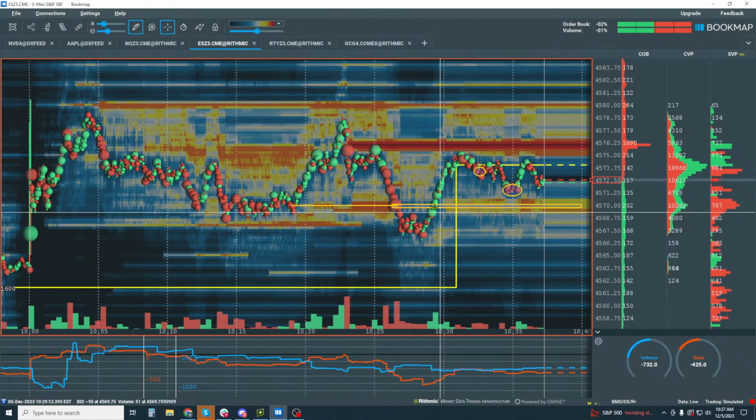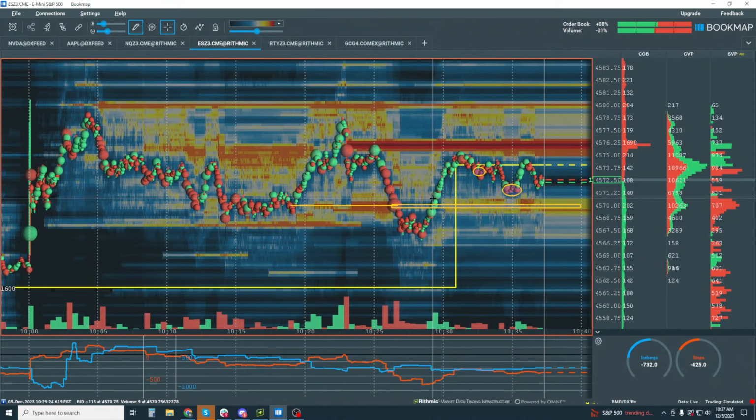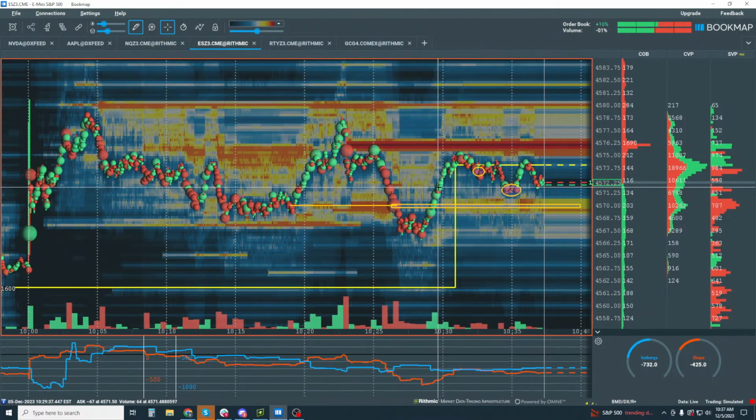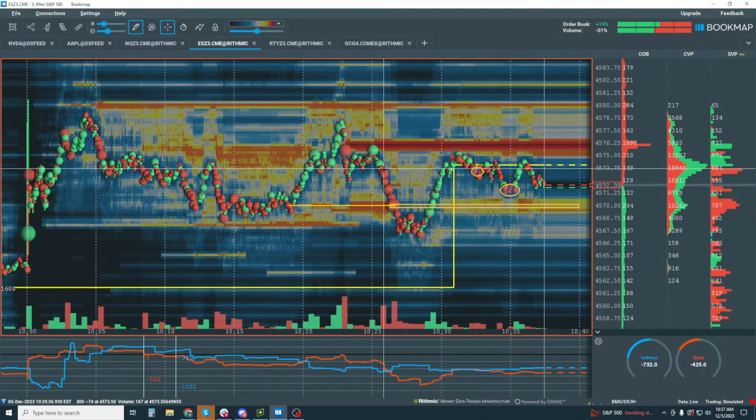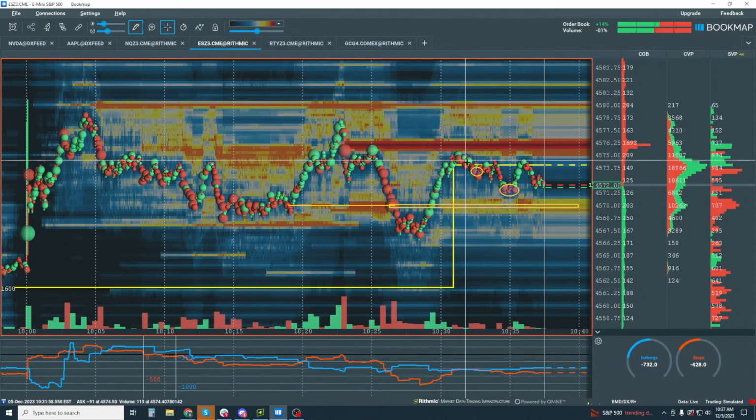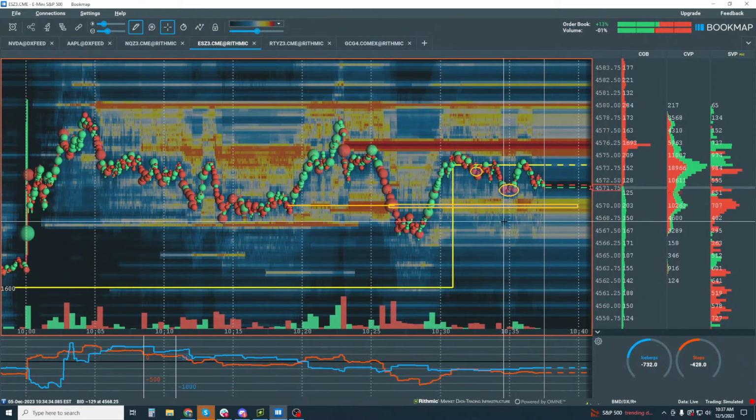We dipped below it and found the buyers back up above it. Then we had a really nice return back up to a little bit above where they sold, and now it's just hacking around in here.